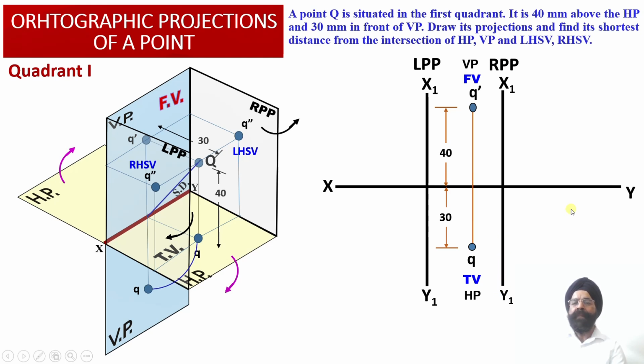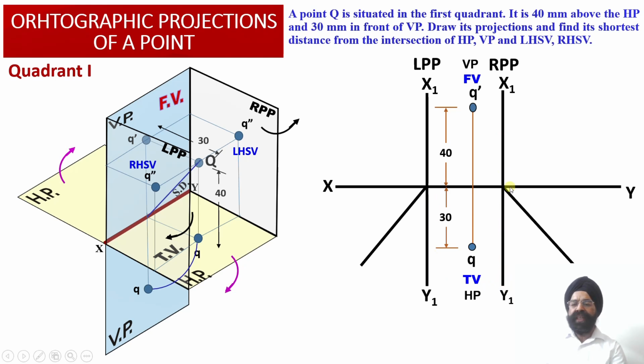So we know that onto the left profile plane, the right hand side view orthographic projection will be obtained. Onto the right profile plane, the left hand side view orthographic projection of the point Q will be obtained. So now we have obtained the intersection points of the XY reference line with the left profile plane X1, Y1 and the right profile plane X1, Y1.